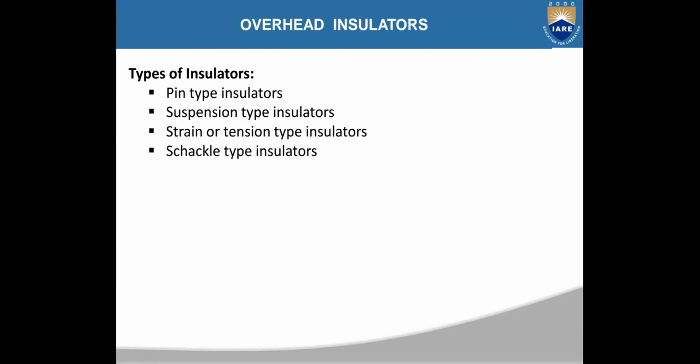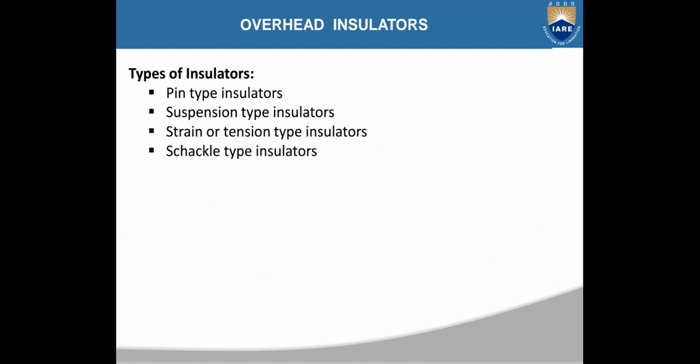After knowing what an insulator is, what the properties of insulators are, and what materials are used for insulators, let us know about the different types of insulator. What are the different types of insulator generally used in the overhead transmission system? The list is given here: pin type insulators, suspension type insulators, strain or tension type insulators, and lastly shackle type insulators.